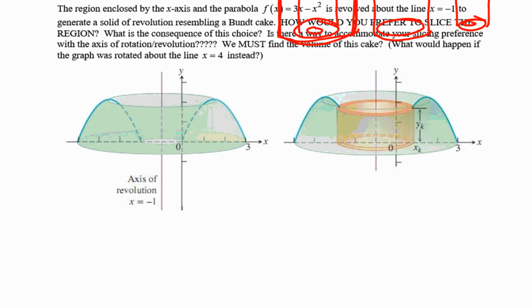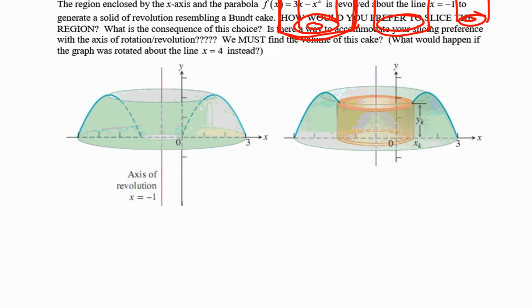Okay, so now we have that idea. Let's see if we could figure this out. Actually, I'll leave them up there. If we wanted to find the radius, let me go in the same format that I used last time. The area is equal to 2 pi r h.